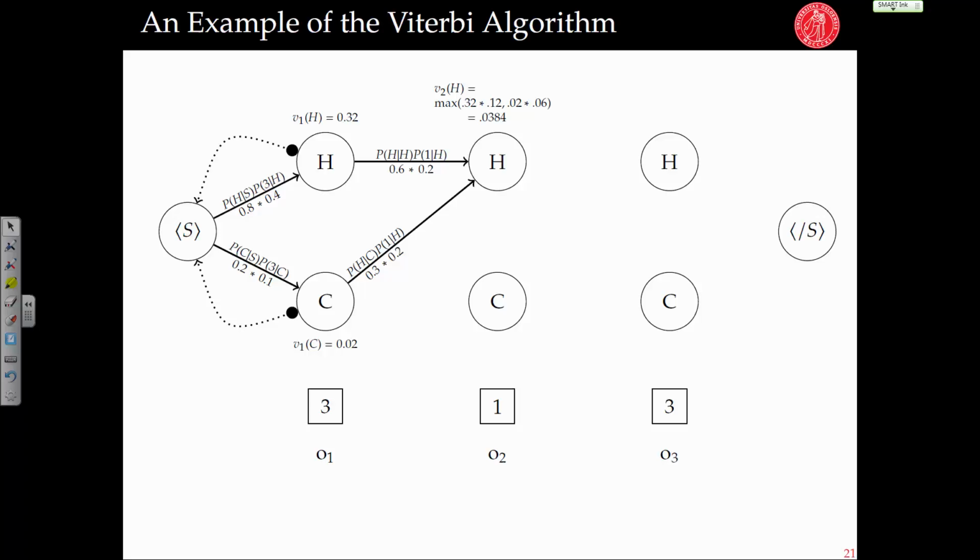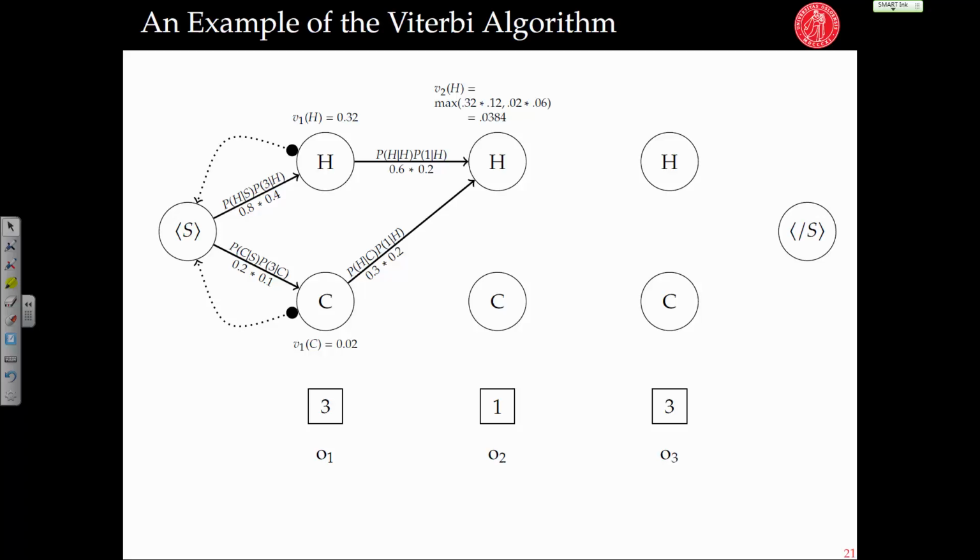This we multiply by the transition probability and the emission probability also. It's written here in a sort of shorthand manner. We already multiplied these two and got 0.12, right? So basically it's the three numbers here: 0.32 times 0.6 times 0.2. And we do the same here.